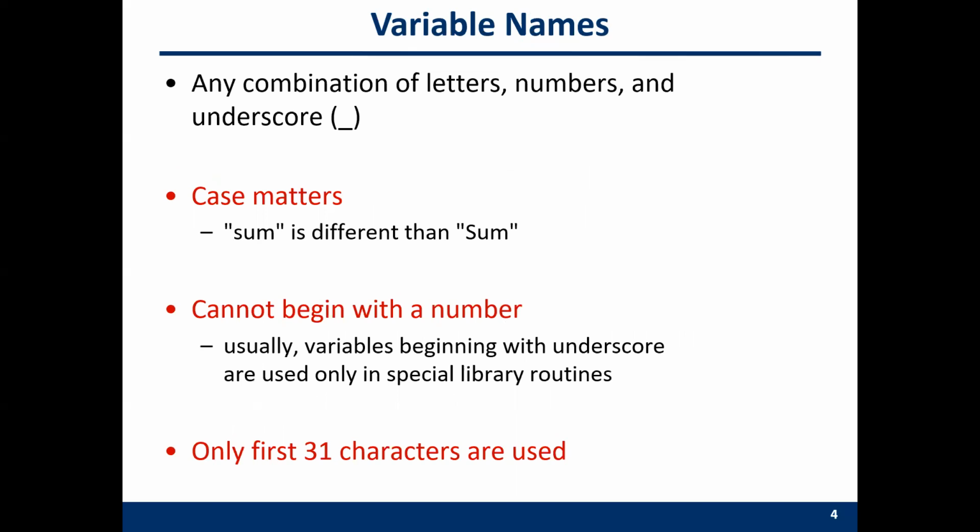You can find different names to declare variables. Any combination of letters, numbers, and underscore can work. And the case matters. So if you capitalize this character, these are two different variables.